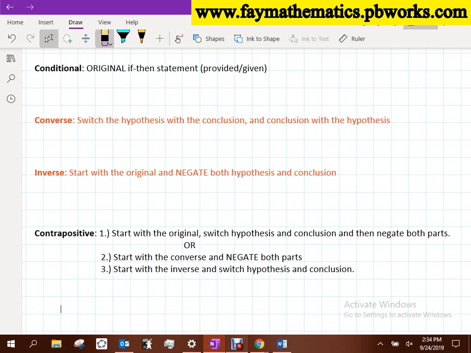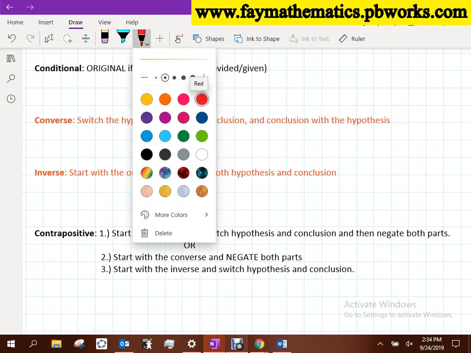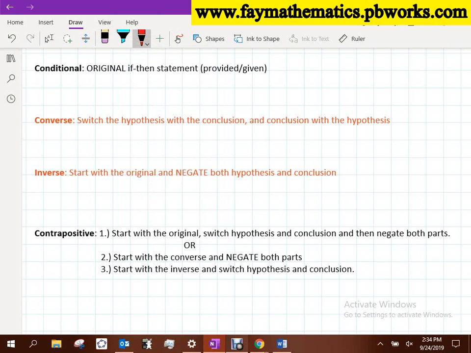However, the converse is going to be off of the original conditional. So I'm only going to know that something is a converse if I know what that original statement was. Does that make sense? I'm only going to know if a statement is an inverse if I knew what the original statement it came from was. And I think that'll make more sense as we work through here.